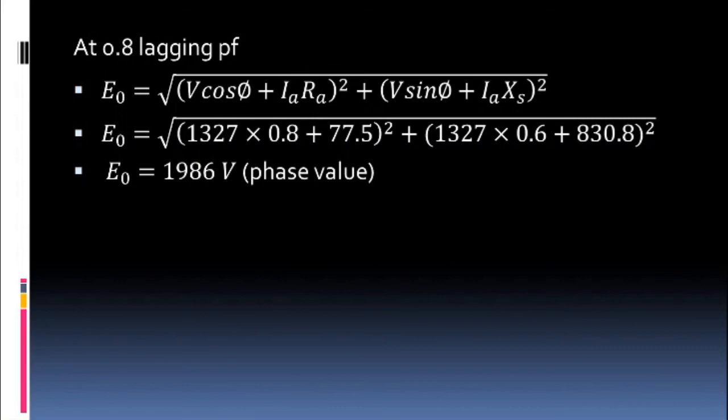Just consider that value. Now, what is the difference in this problem? Please try to understand. जनरली हम क्या करते हैं परसेंटेज रेगुलेशन निकालने के लिए या चेंज इन रेगुलेशन चेंज इन वोल्टेज निकालने के लिए you just subtract the value of terminal voltage from this EMF induced and you get the change in voltage. बट यहाँ पे आपको क्लियरली बोला है चेंज इन लाइन वोल्टेज. अब ये जो है ये फेज वोल्टेज दिया हुआ है तो आपको पहले इसको लाइन वोल्टेज में कन्वर्ट करना पड़ेगा. ठीक है. सो कन्वर्ट दिस फेज वोल्टेज ई नॉट इनटू लाइन वोल्टेज फर्स्ट ऑफ ऑल बाय मल्टीप्लाइंग इट बाय √3.